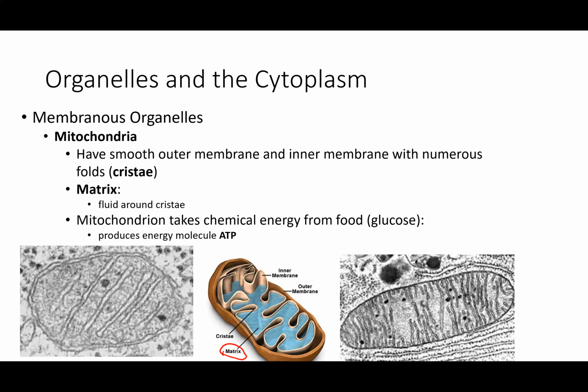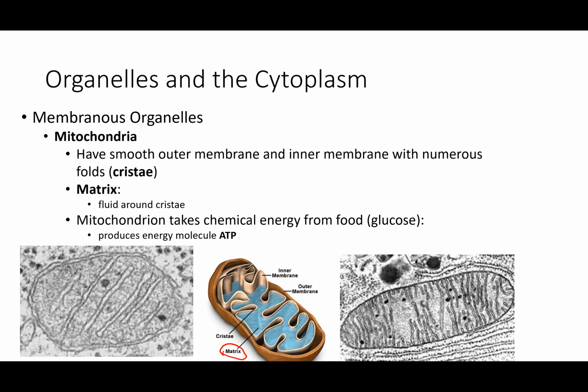What happens at the mitochondria is that it takes the chemical energy from food, glucose specifically, breaks that down through a series of chemical reactions and makes ATP, adenosine triphosphate, the energy molecule for our bodies. So mitochondria are incredibly important for our function and our ability to do anything, to move your muscle, to stay awake, to talk.